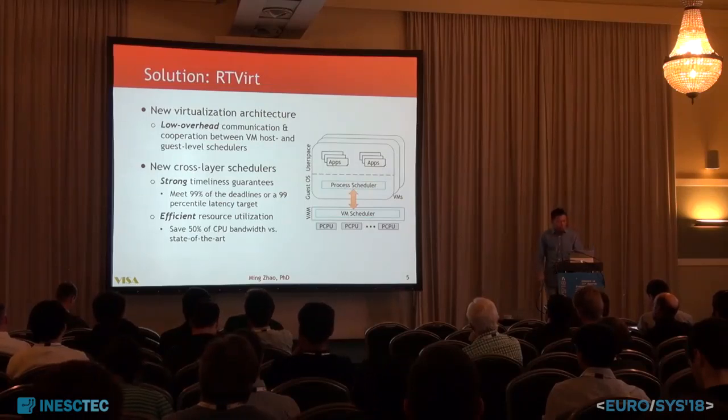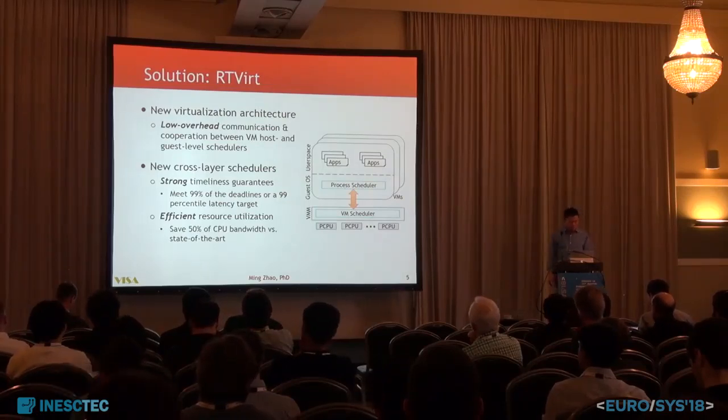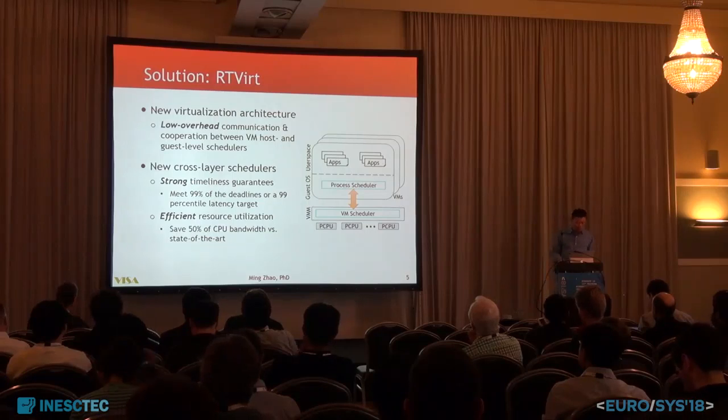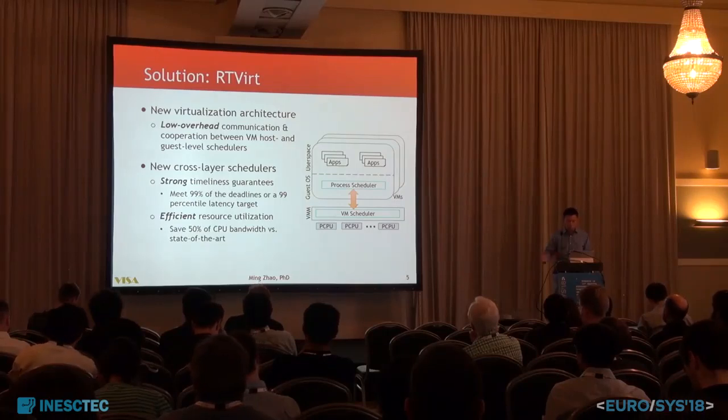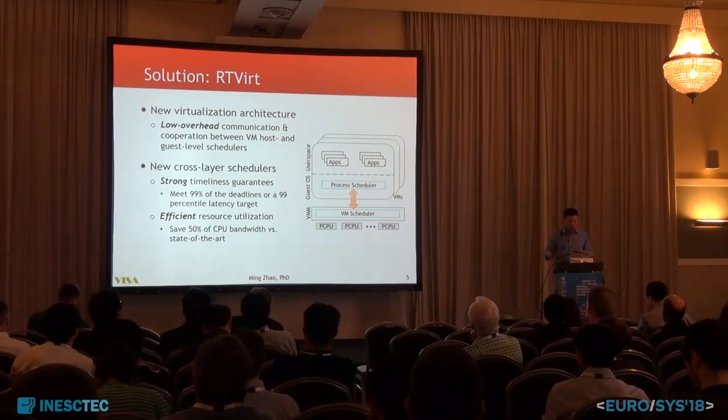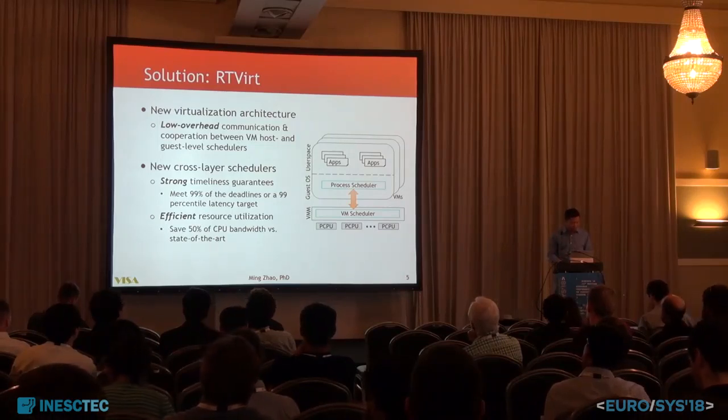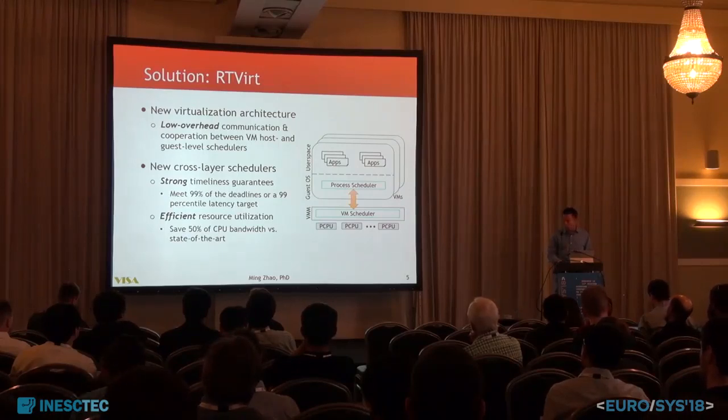So to solve this problem, our solution is called RTVirt. Our solution is based on 2 levels of work. First, we designed a new virtualization architecture which allows the guest and the host to communicate and cooperate on scheduling. And this cooperation has to be low overhead because we're trying to support fine-grained timeliness requirements.